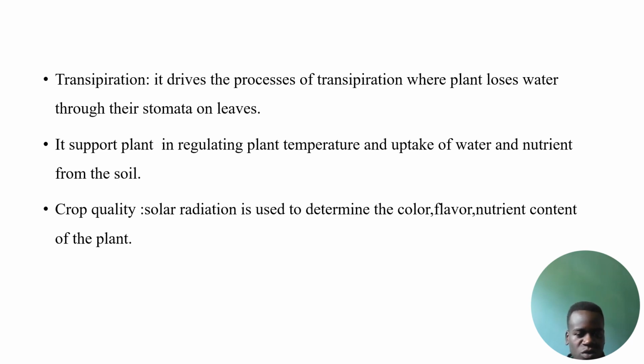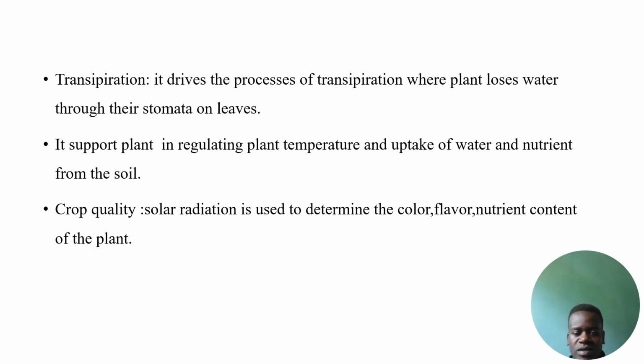We can say transpiration. Solar radiation drives the process of transpiration, where plants lose water through their stomata or leaves. We know that transpiration and photosynthesis also take place on the leaves. It supports the plant in regulating plant temperature and uptake of water and nutrients from the soil.